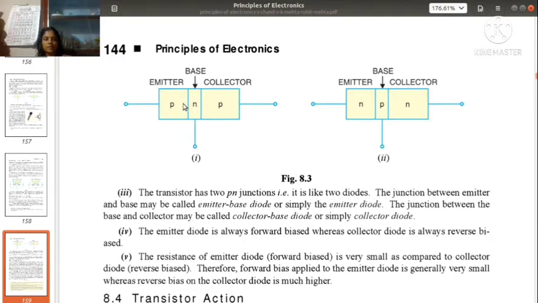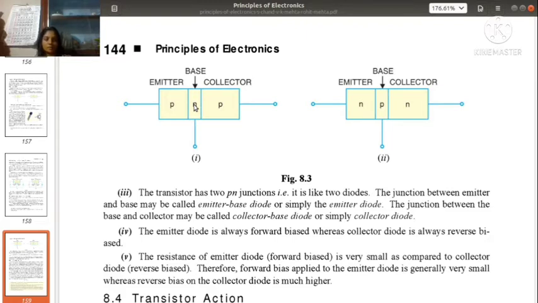So usually the P type emitter region is heavily doped so that it can have more charge carriers and emit more charge carriers to the collector, and the collector region is moderately doped, and the base region is very lightly doped. It's thin and very lightly doped.